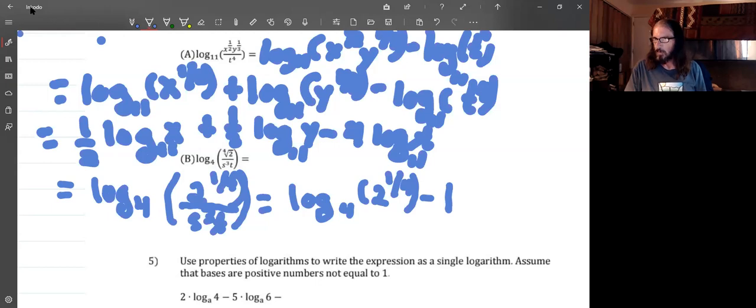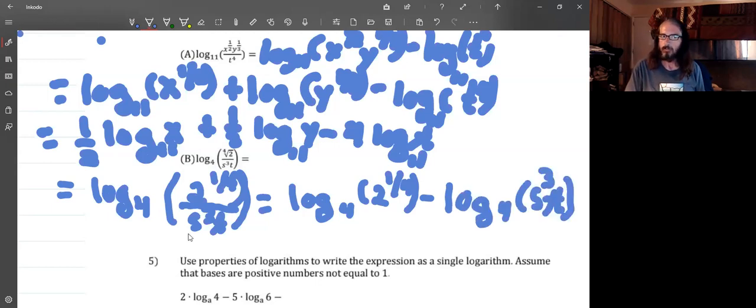So the thing to be careful about here is that when we split up that multiplication, that whole thing was being subtracted.